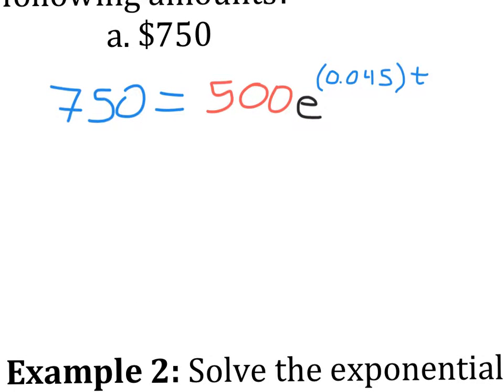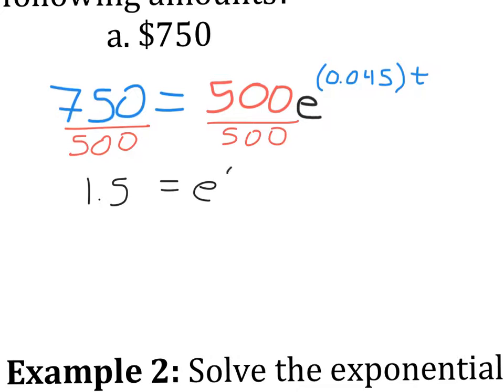What we're actually going to do is just take the e and use log, convert that out. So the first thing I want to do is get rid of that 500, so I'm going to divide both sides by 500. And then this here will give me 1.5 is equal to e to the 0.045t.